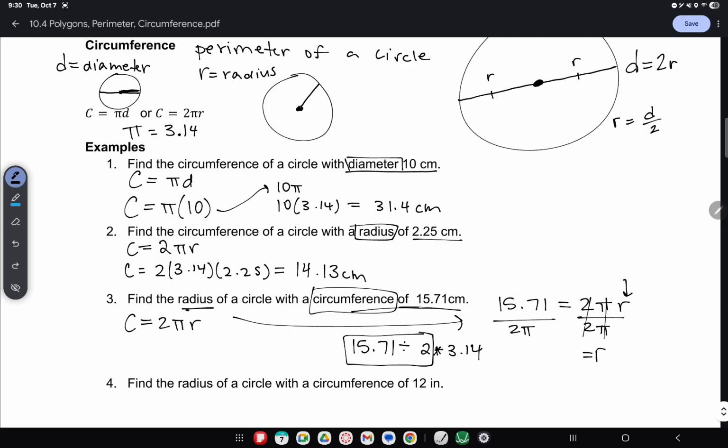It does 15.71 divided by 2, and it gets an answer, and then it multiplies it by 3. And that's not what we want. We want those two to stay together. So let me get that answer. 15.71 divided by parentheses 2 times 3.14, and then close the parentheses. So that gets me 2.50159. So I'm just going to leave it at 2.5 centimeters.